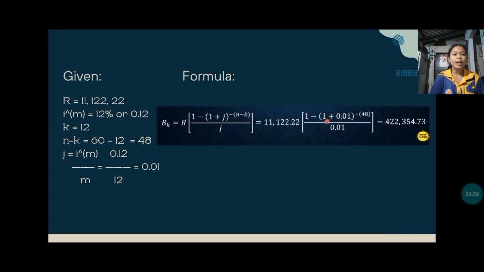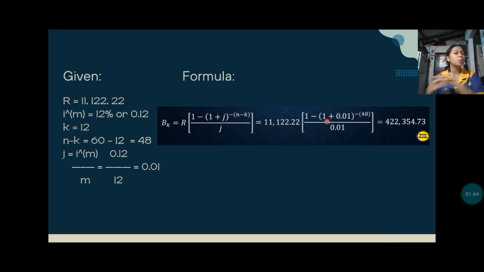So here, I forgot to include our time and how to find our n. So I'm just going to tell you what these are. Our time is 5 years, and to find our n, we're just going to multiply our conversion period by our time. So our conversion period is 12 and our time is 5 years.